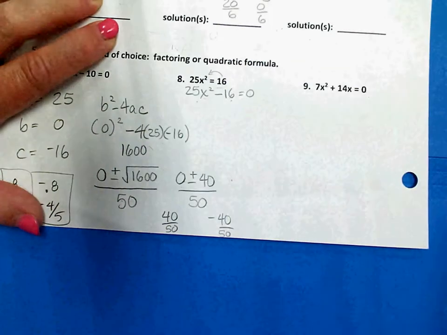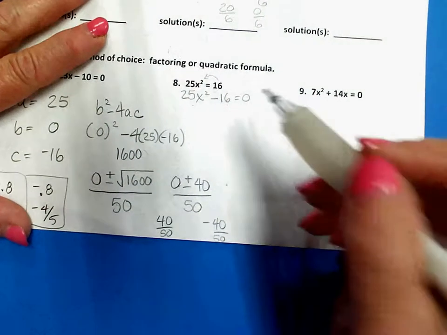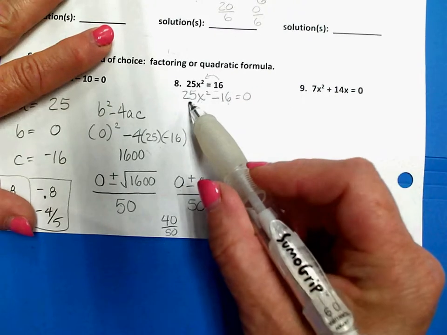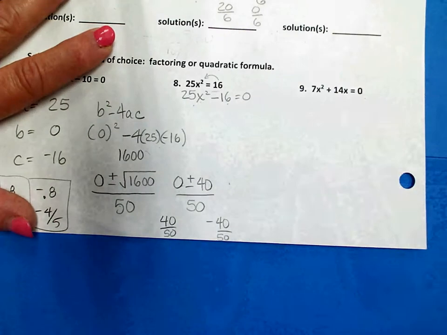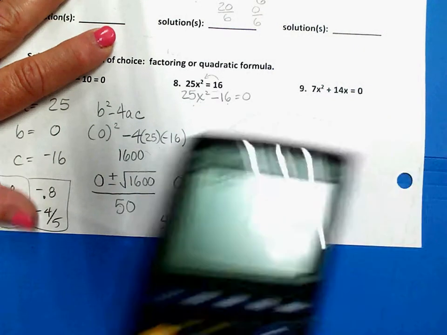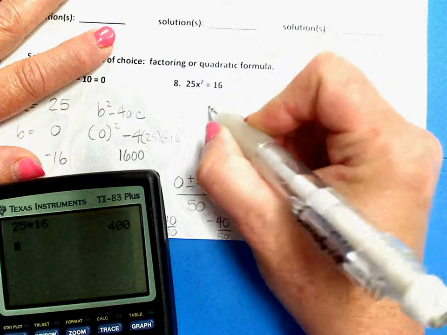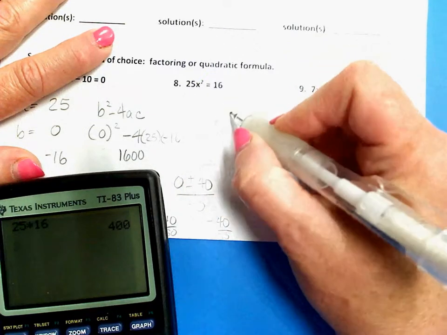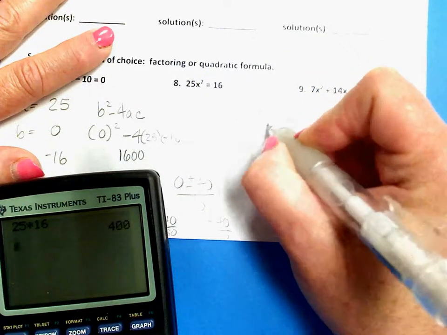If I solved it by factoring, I would take the 25 and multiply it with the 16. So 25 times 16 is 400. And I would have x squared minus 400 equals 0.